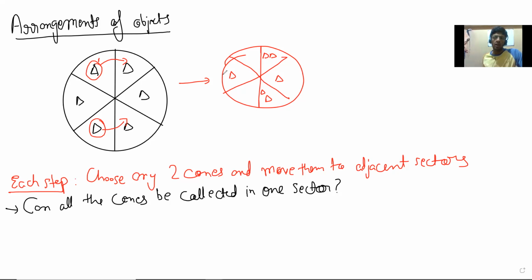And that's a good question, because I mean, if let's say you can end up with every sector having two cones or no cones, you should try it in the same way. Yeah, if you can end up with every sector having two cones or no cones, then also job is done. Is that right?